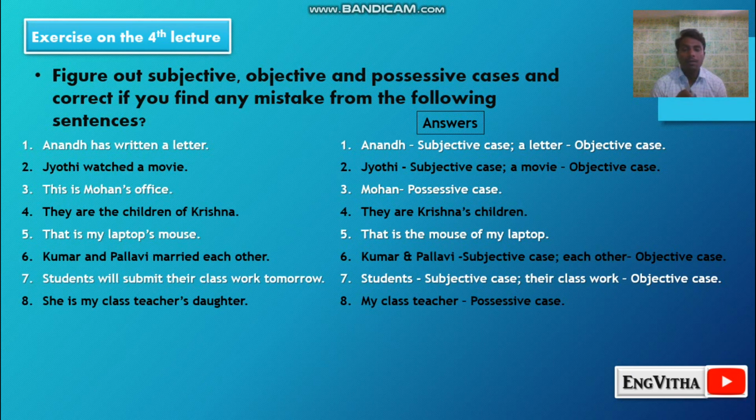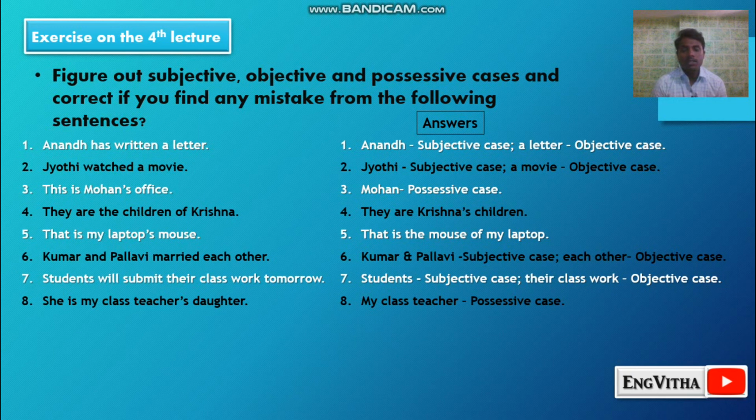So Kumar and Pallavi go to the subjective case, because who married there? Kumar and Pallavi. And each other goes to the objective case, because Kumar and Pallavi also are in the objective case in the form of each other. Then the seventh sentence is, students will submit their classwork tomorrow.